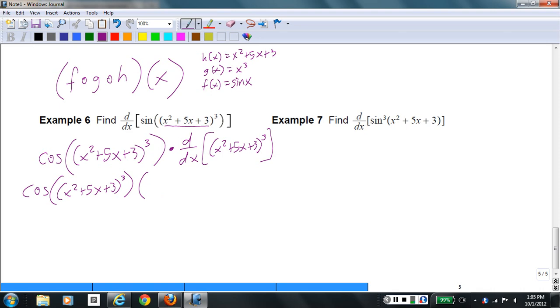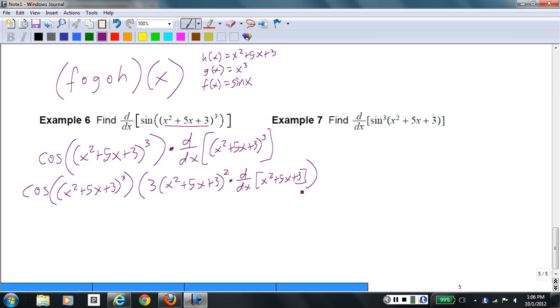The derivative of something cubed is 3 times that something raised to the second power, reducing the exponent by 1, times the derivative of that something. So 3 times that something to the second power times the derivative of that something.